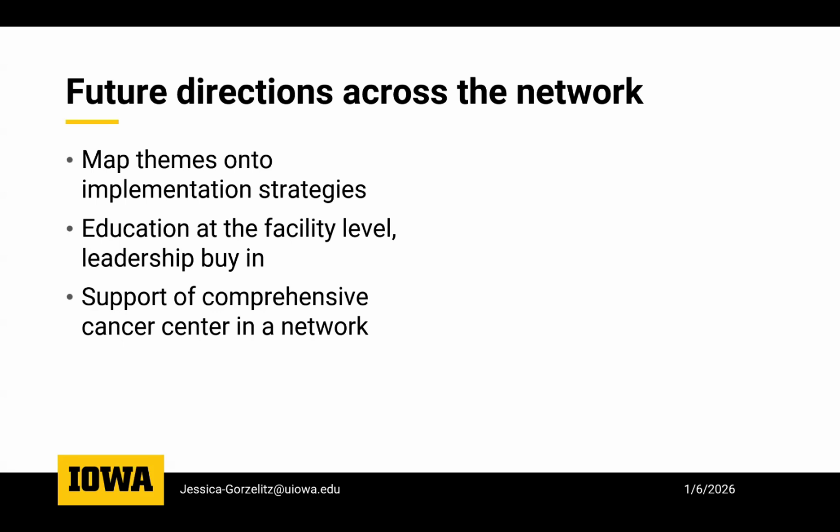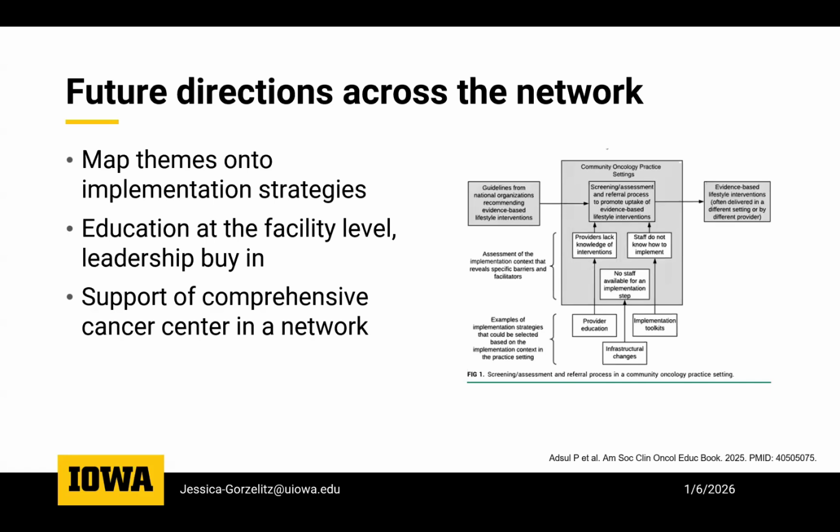Coming back to Dr. Asdul's analysis from before, it's easy to say that these things should work a certain way. This is far more complicated than it sounds. We know that there are guidelines from national organizations recommending these programs. Is there provider readiness? Do we need to change infrastructure? What are the implementation toolkits?